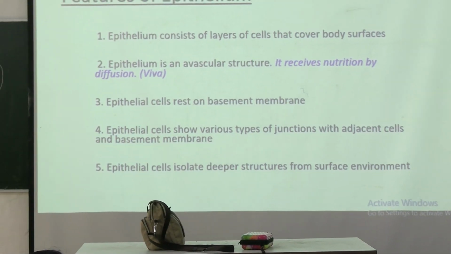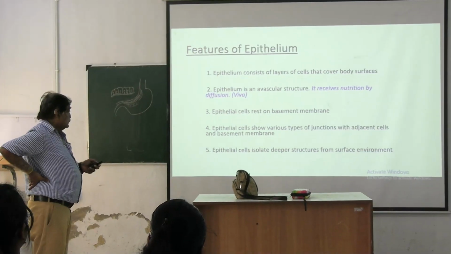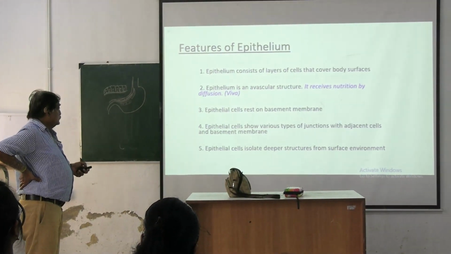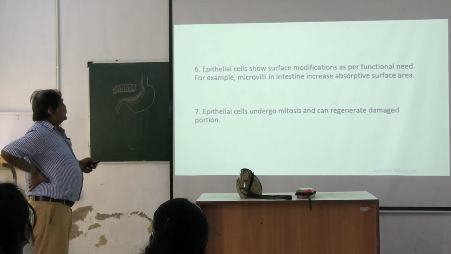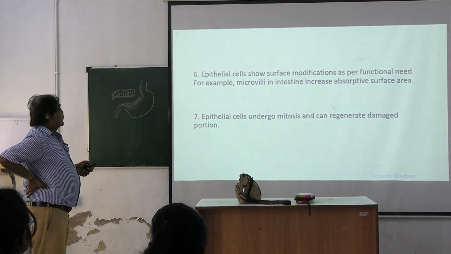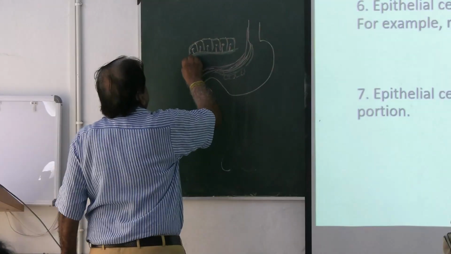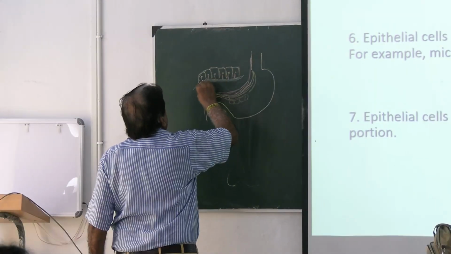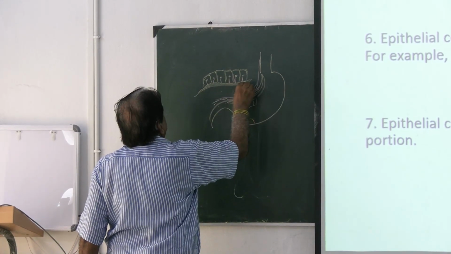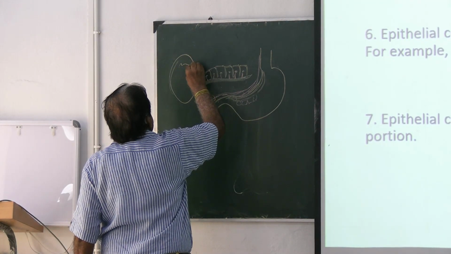Epithelial cells isolate deeper structures from the surface environment. Epithelial cells show surface modification as per functional need. For example, microvilli in the intestine increase absorptive area. Now, this is the intestine. It is like this.